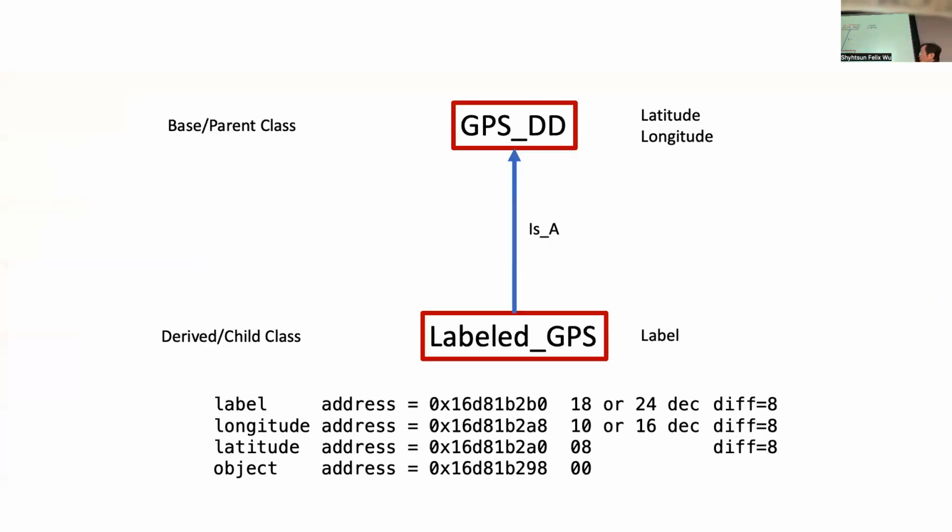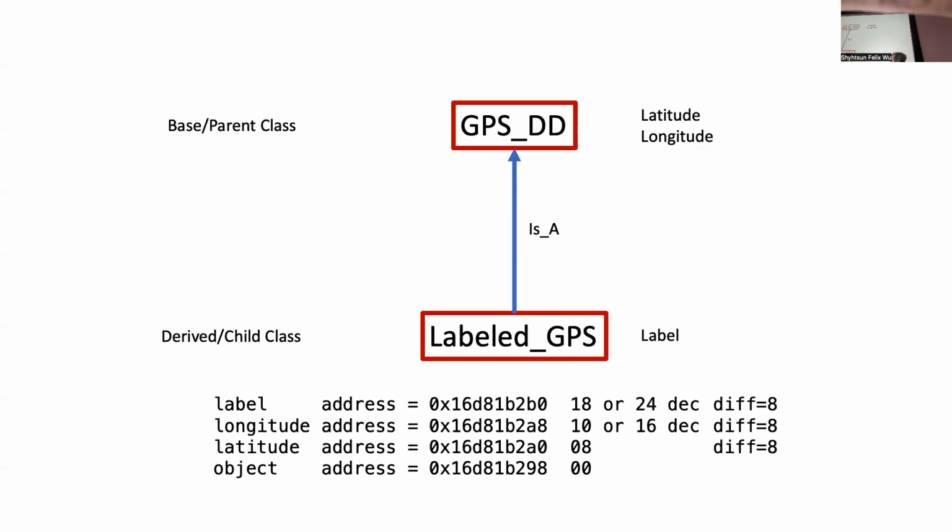Let's take a look at these 4 things. This is the object, which is 298. The first one, latitude, is 2A0, then longitude is 2A8, and then label is 2B0, right? Those are the 4 addresses we got. This is hexadecimal.